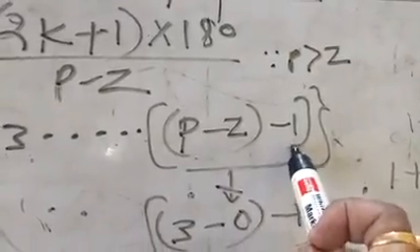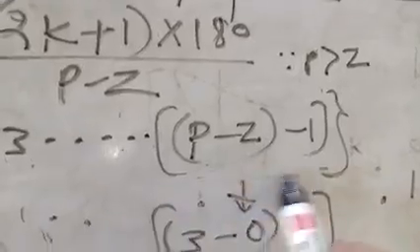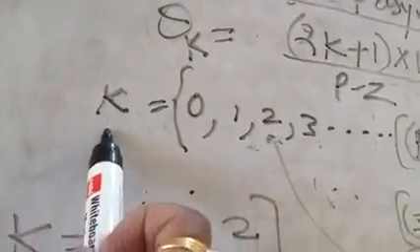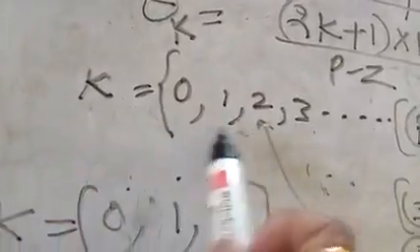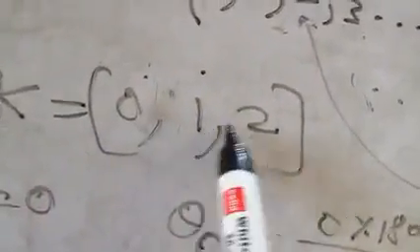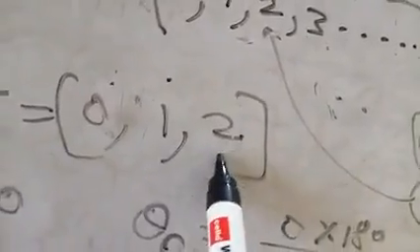So always first determine the last point. The number of poles is 3, the number of zeros is 0, and 3 minus 0 minus 1 is 2. That means k continues up to 2, so k is equal to 0, 1, 2. There are only 3 values of k. How do we determine this last point? With the help of this formula.